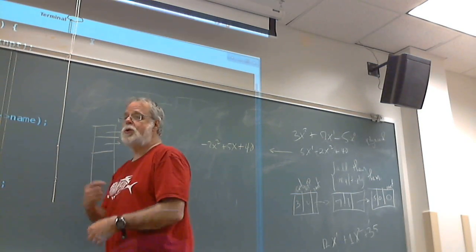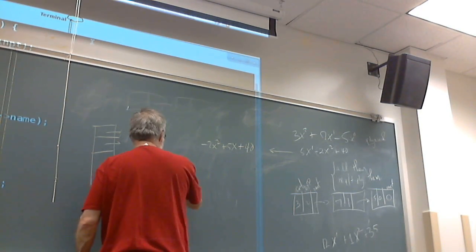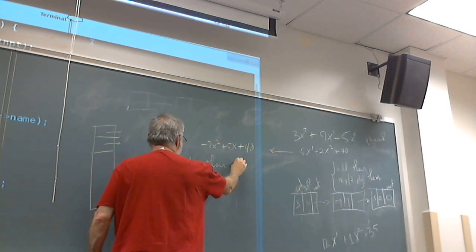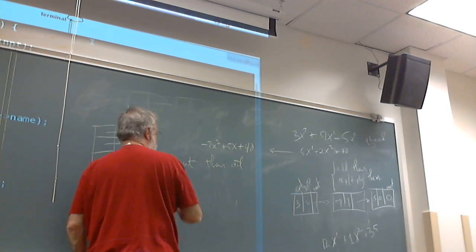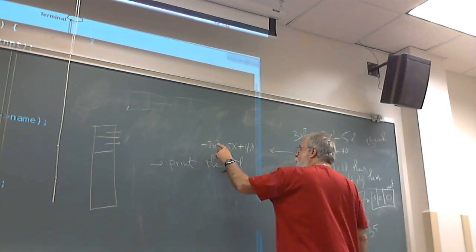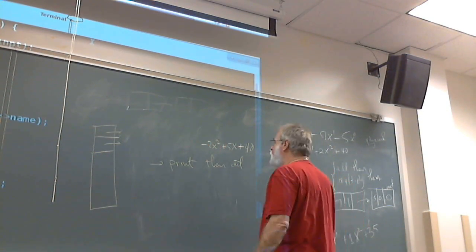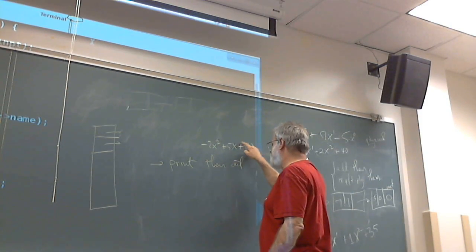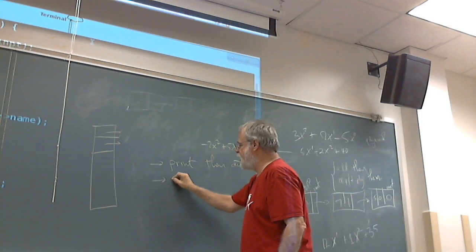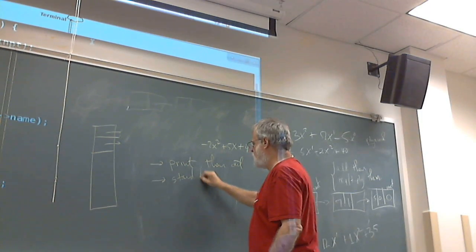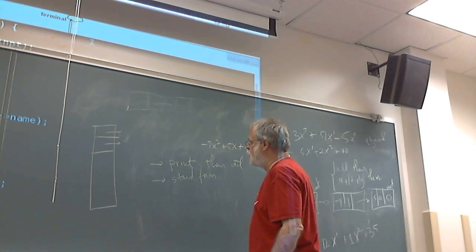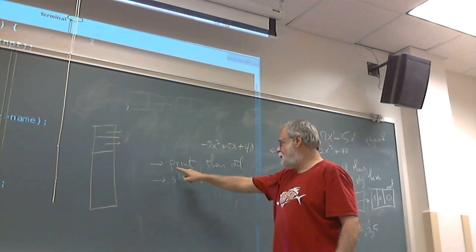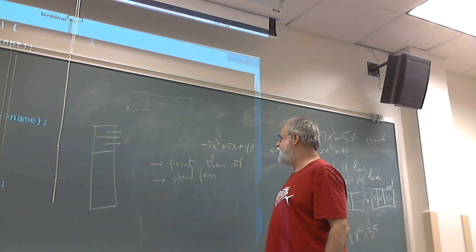So what do you do with linked lists? You want to be able to print them out. You probably want to put them in standard form, and standard form would be largest exponent, the second largest exponent, and so on. So then printing them out is pretty much a snap.